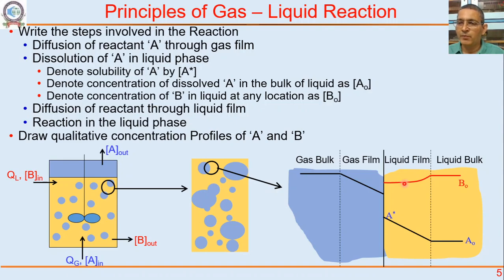And then as B is reacting here, there could be diffusion of B from the bulk to the liquid film. But we are not going to write diffusion of B on the gas side, because we are going to say B is non-volatile. So B does not go to the gas side. Otherwise reaction would start happening on the gas side also. Indeed it does happen when you have nitric oxide absorption to make nitric acid.